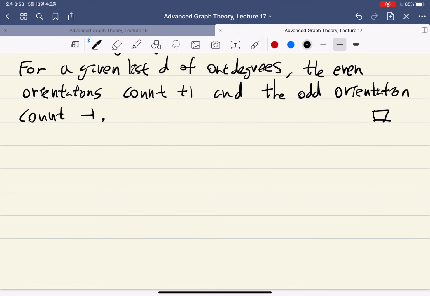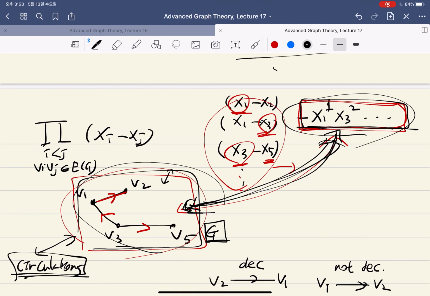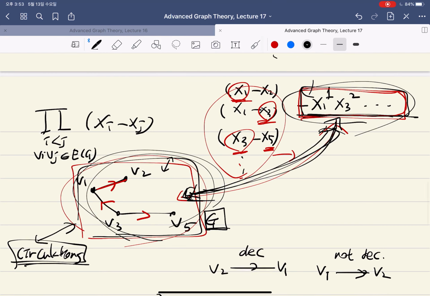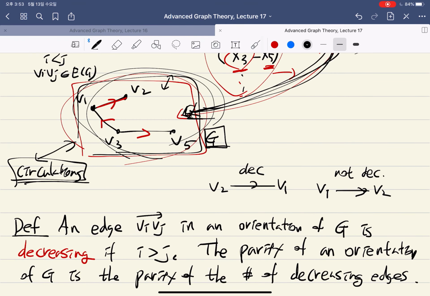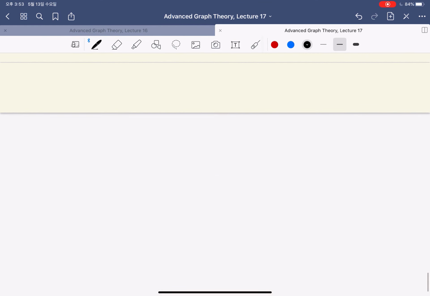So this lemma provides the connection between the coefficient of this term and the orientations. And now we want to make the connection between the number of circulations and the number of these even and odd orientations.